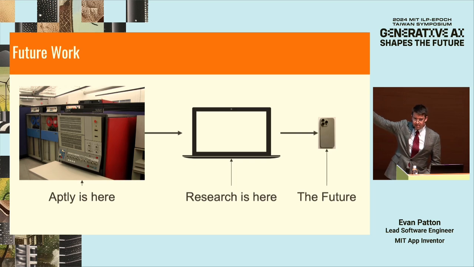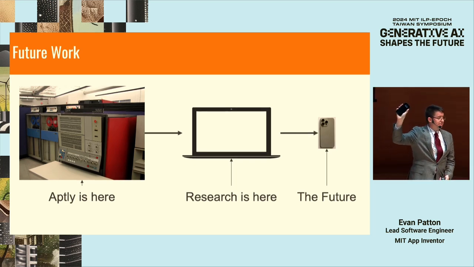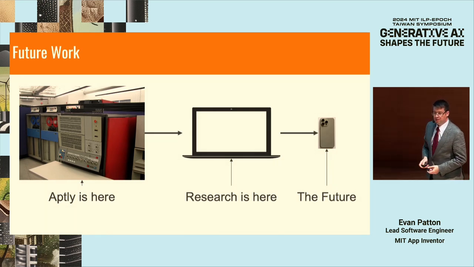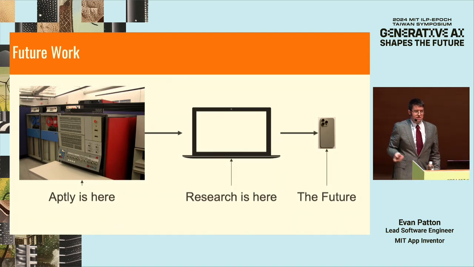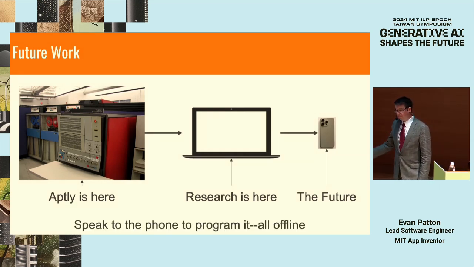We want to be here on the phone, because this is where most of the world is interacting with technology. In fact, 3.5% of App Inventor users do everything entirely on their phone. That's an incredibly impressive number because, of course, the interface isn't designed for that. But maybe if we could get these models running on the phone, maybe it's just a matter of speaking to it.